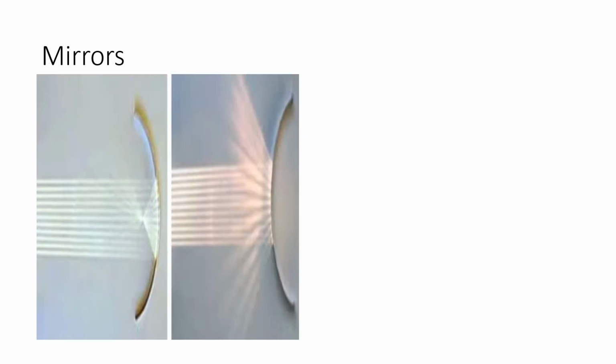Mirrors reflect light. There are two types of curved mirror, concave and convex. When parallel light rays strike a concave mirror, the reflected rays meet at a common point known as the real focus.